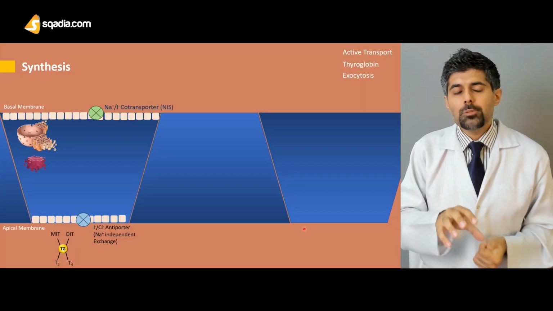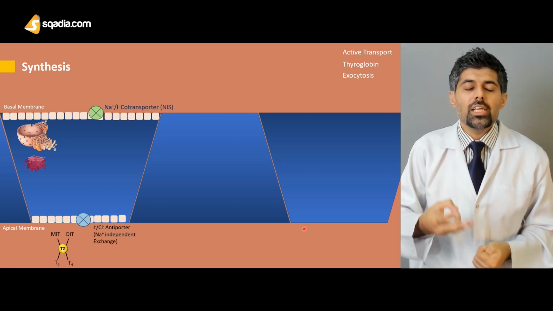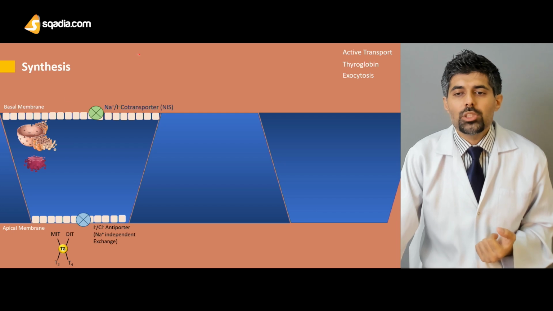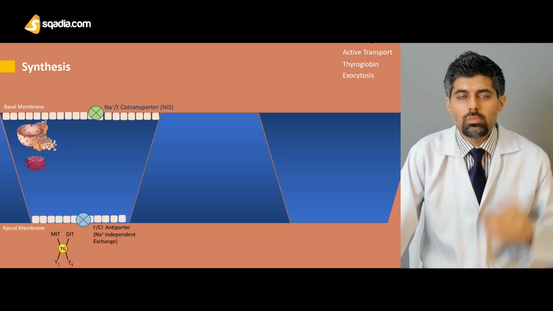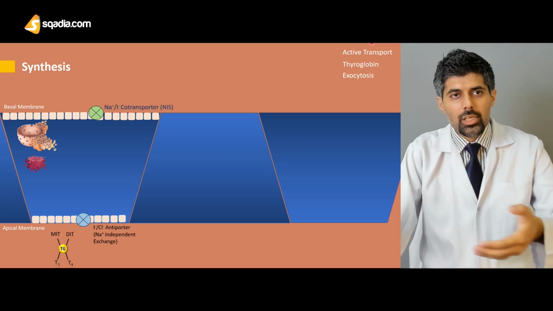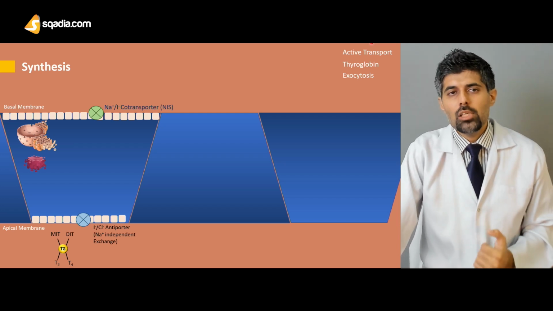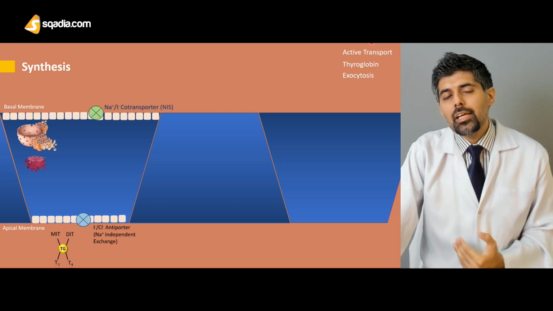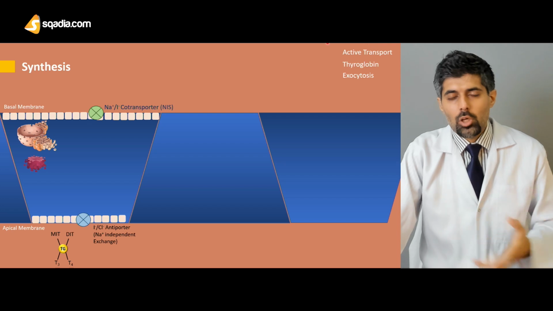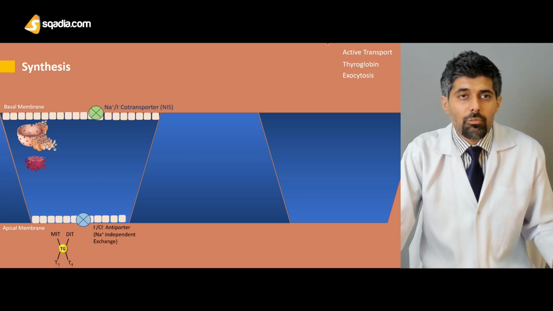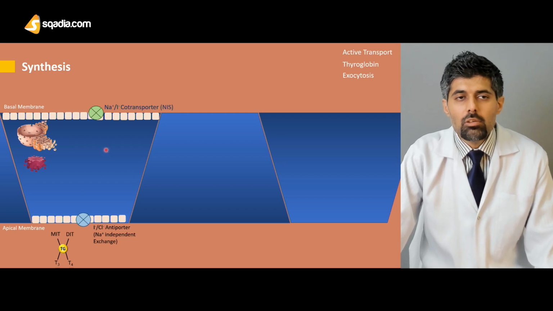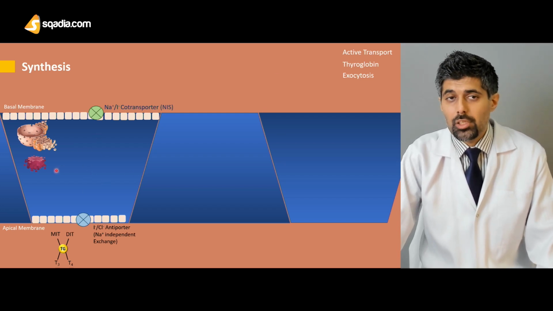So at this point, we have three steps of this whole process. The first step was the active transport of iodine from the blood to the inside of the follicle. The second was the formation of the thyroglobulin. Thyroglobulin is formed by the rough endoplasmic reticulum and forms the colloid of the follicular cells.